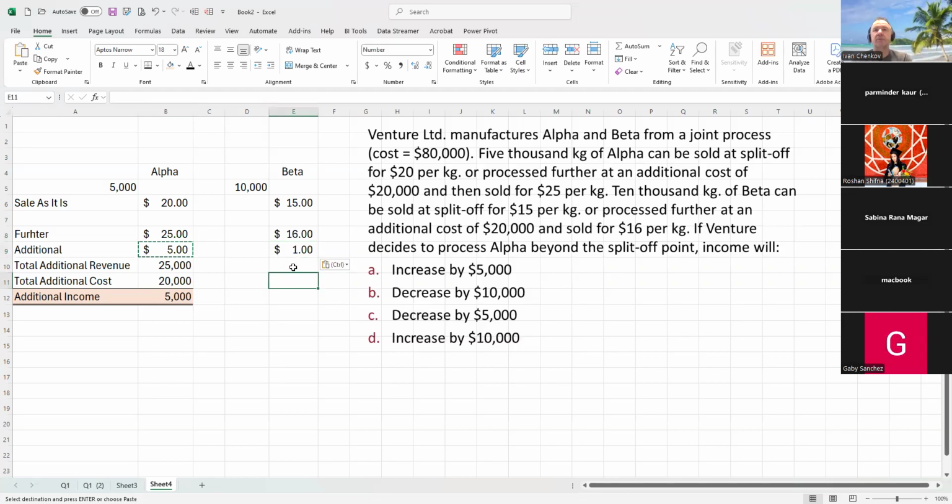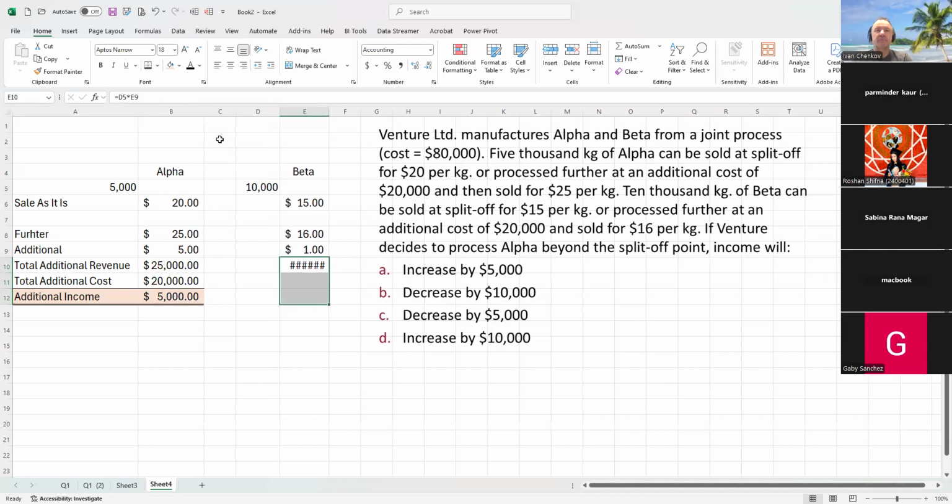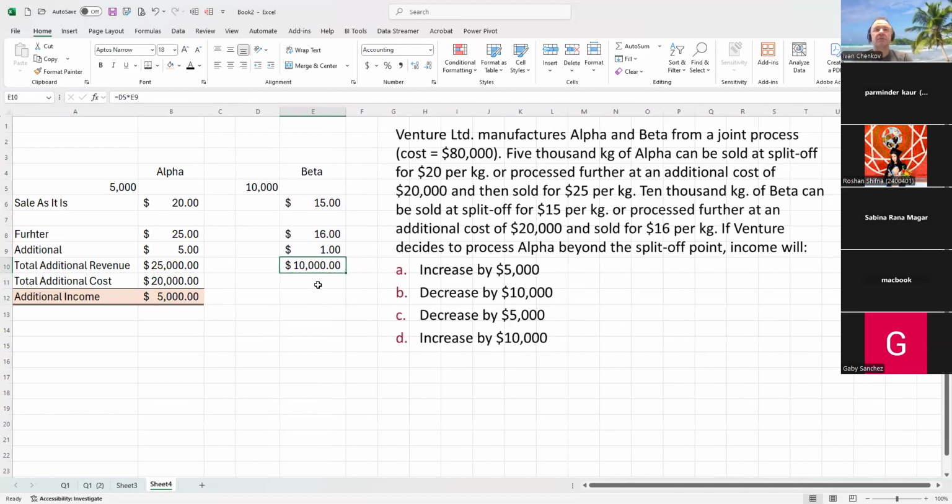So in total, how much am I going to get? 10,000, because I'm selling 10,000 kilograms at $1 additional. Those are all dollar amounts. So I'm getting an additional $10,000.